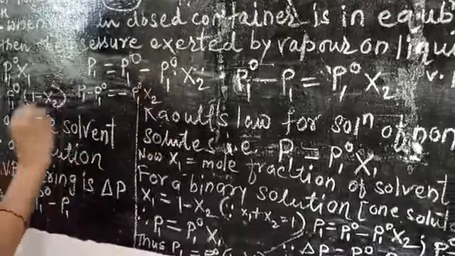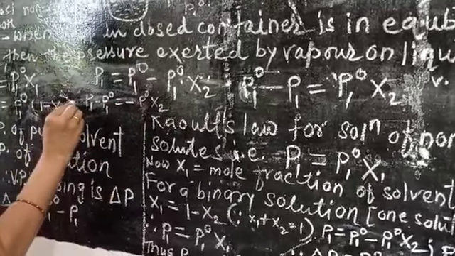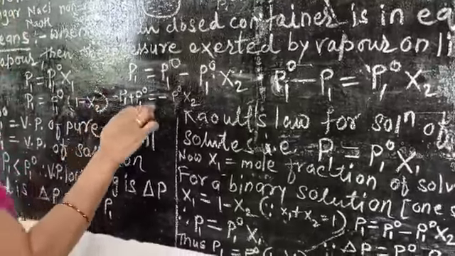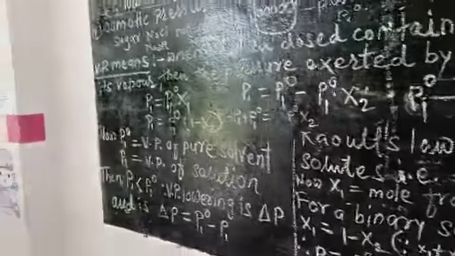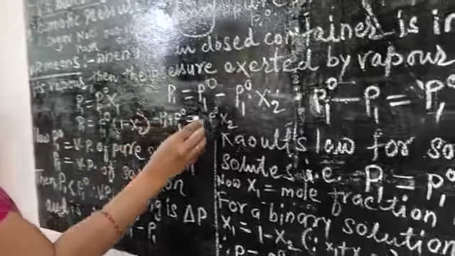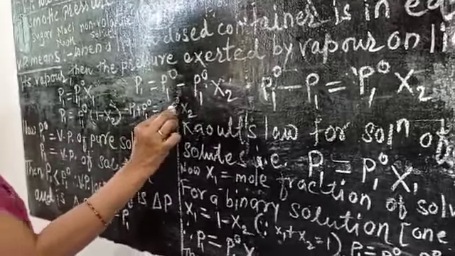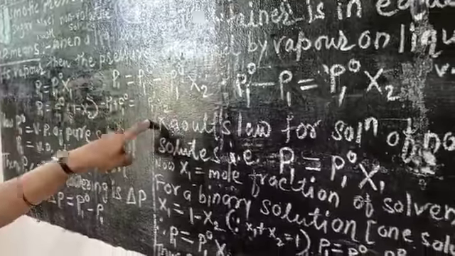Now, if you multiply this whole equation by minus sign, you will get minus P1 plus P01 is equal to, again it becomes minus minus plus P01 X2. Okay, P01 X2.